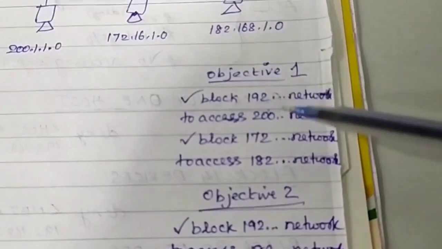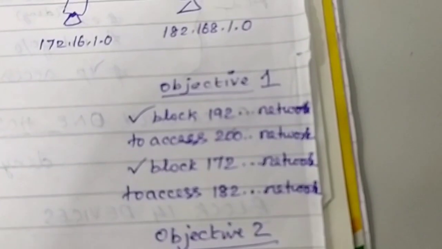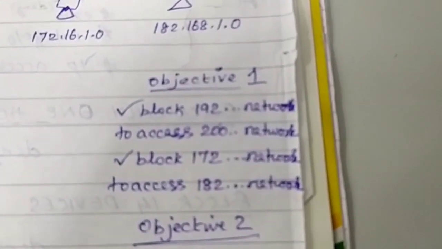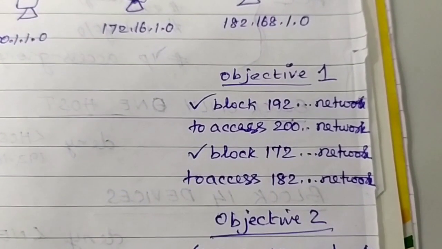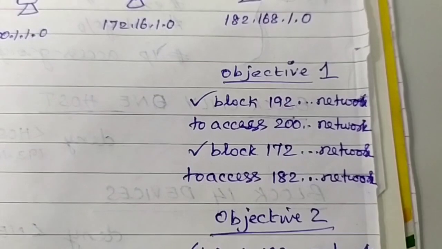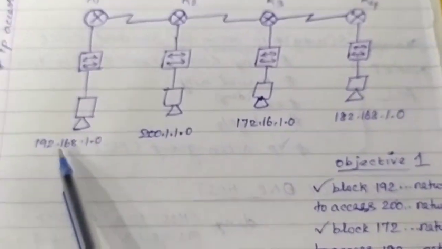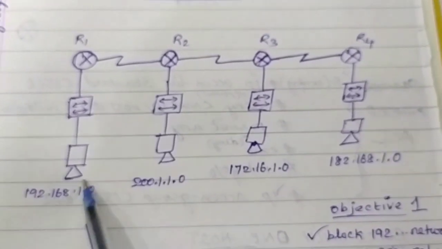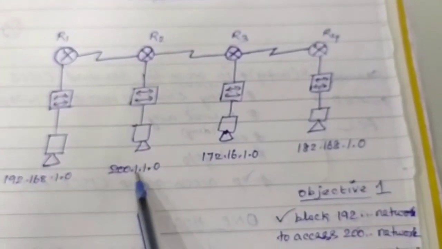Here I am going to take objective 1: block the 192 network from accessing the 200 network. See the topology. This is the 192 network, and I have to block it from accessing this 200 network.